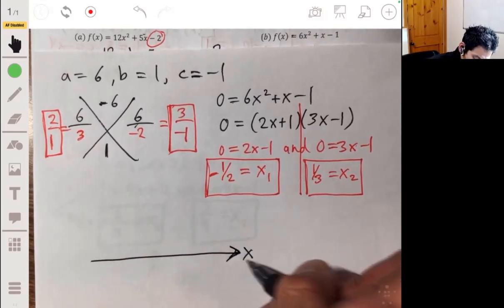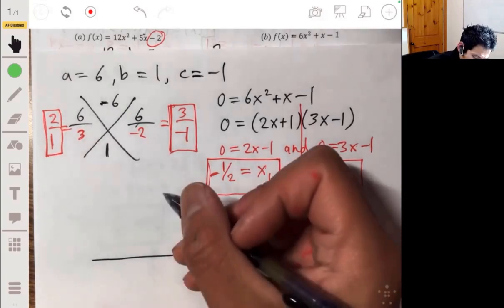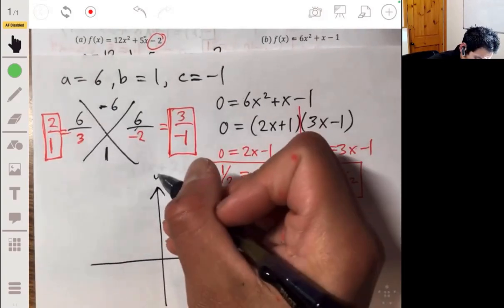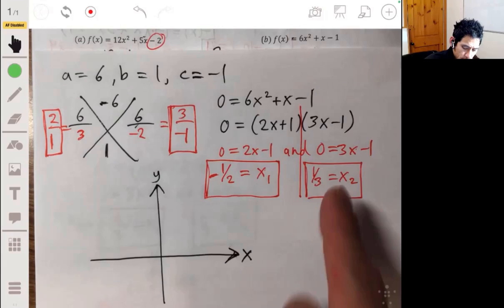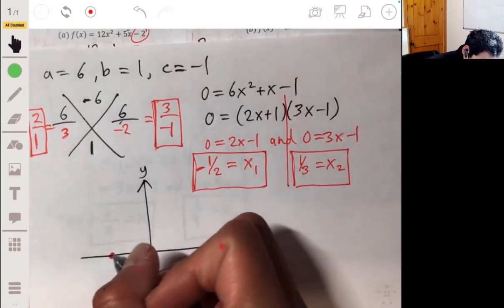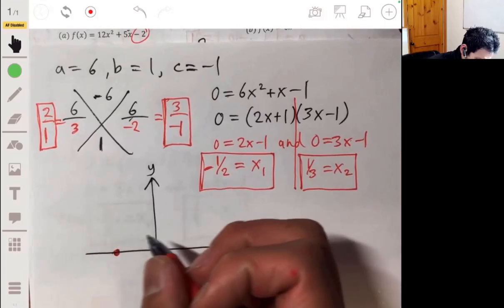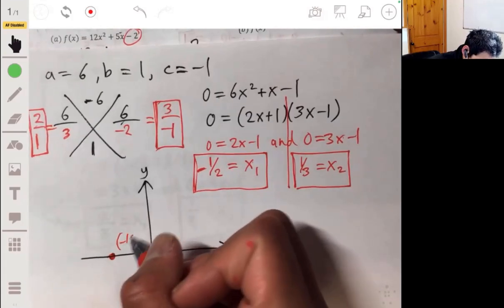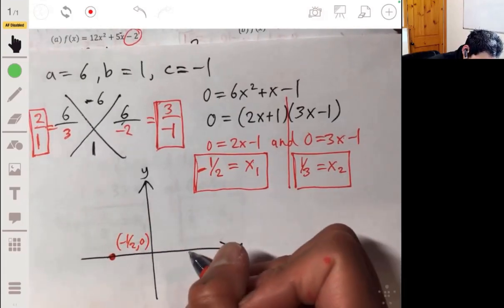X-axis, y-axis, negative 1/2, 1/3, then negative 1/2, comma 0, and 1/3, comma 0.